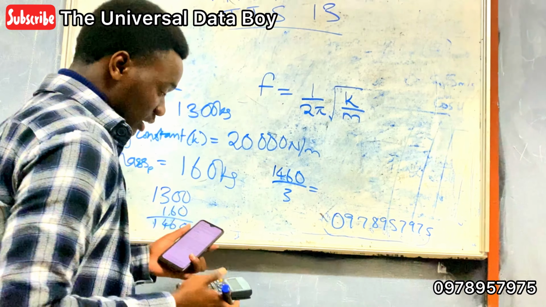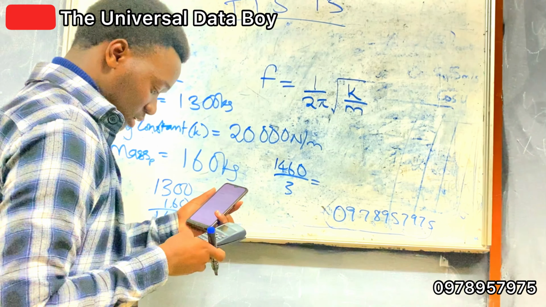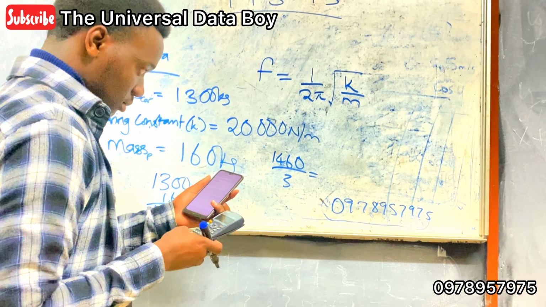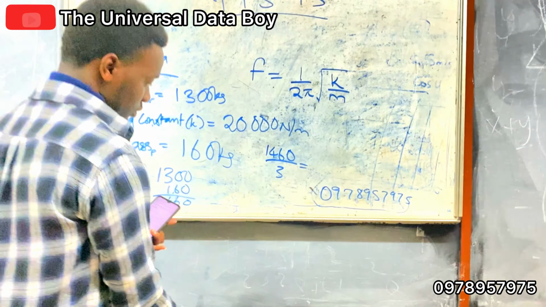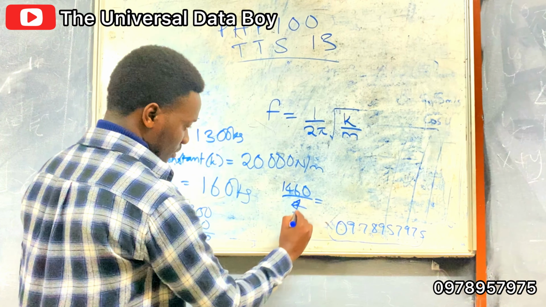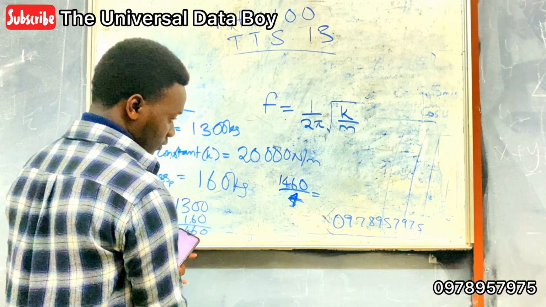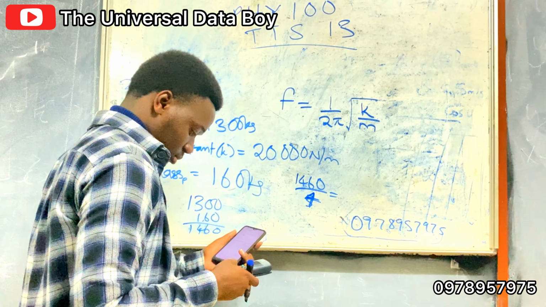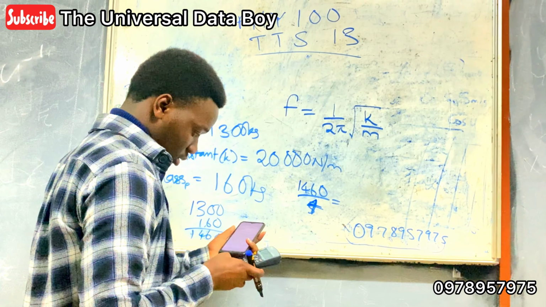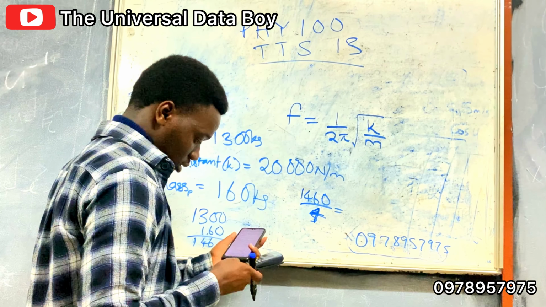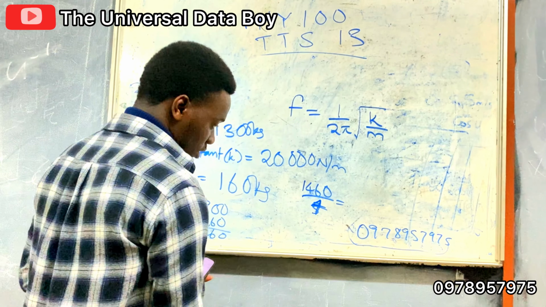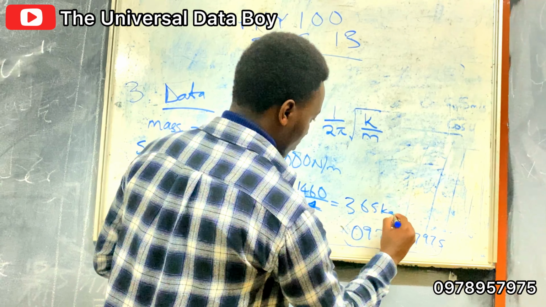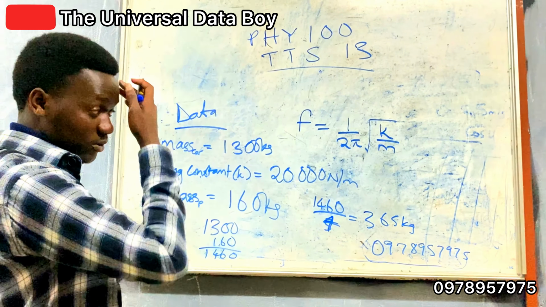Let me just use the calculator. 1,460 divided by 4 is 365. So I've got 365 kg, meaning each of the 4 springs is going to share 365 kg.